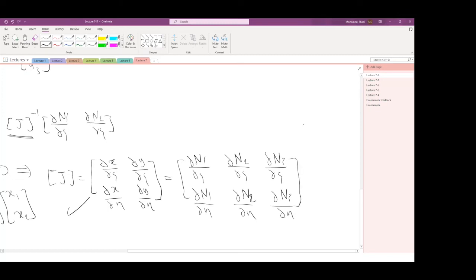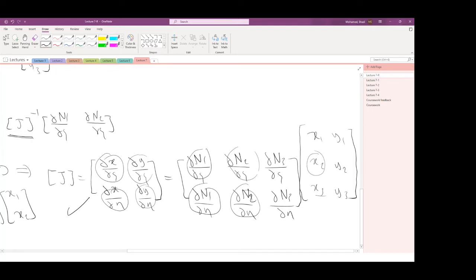This is multiplied now by x1, x2, and x3, y1, y2, and y3. All right, so x1 is multiplied by this derivative of n1 with respect to psi, and then y1 by eta. The same is true for x2 and x3, and you will end up having these 4 entries.